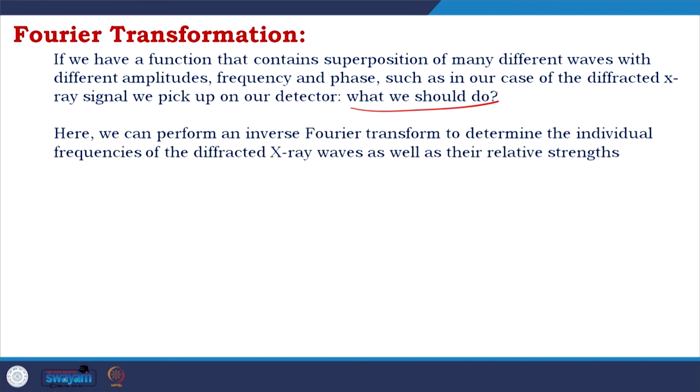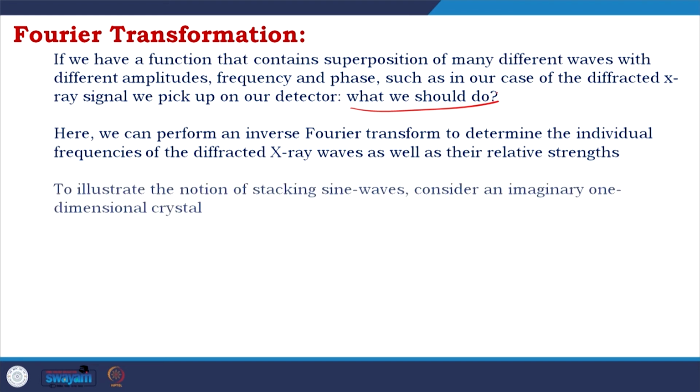Here we can perform an inverse Fourier transform, which we talked about, to determine the individual frequencies of the diffracted X-ray waves as well as their relative strengths. To illustrate the notion of stacking sine waves, we are considering an imaginary one dimensional crystal, so that this is an easy case, and by looking at that we could develop our idea for the complex crystal.